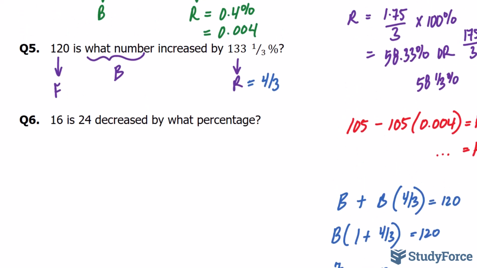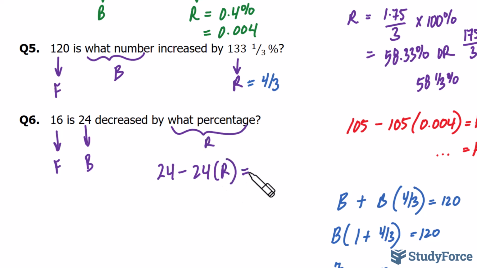For the last example, 16 is 24 decreased by what percentage? I hope you discovered that this value is your base, that is your final, and you have to use the subtraction version of the formula. So we have 24 take away 24. The fact that we're looking for a rate means that R will be left unknown to us.